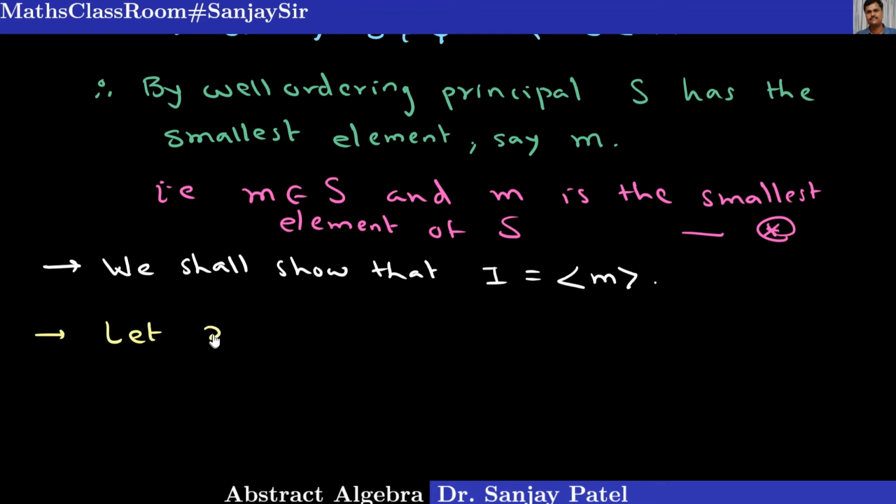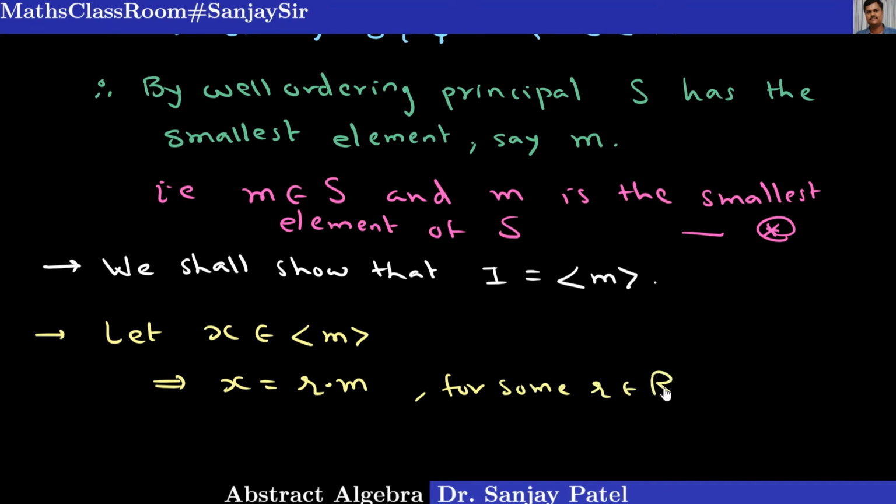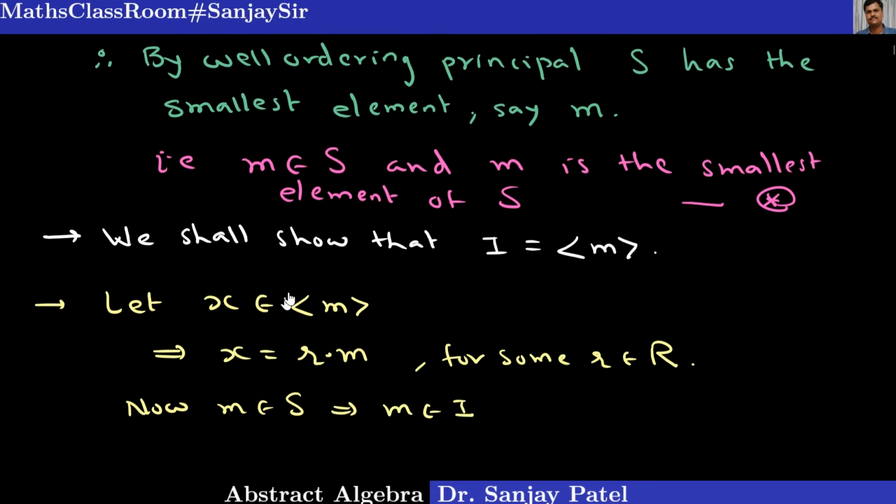So first, let X belong to this set. That means X is of the form, say, R into M for some R belongs to capital R. Now this M belongs to S, which means M is also an element of I by definition of the set S. What is the set S?